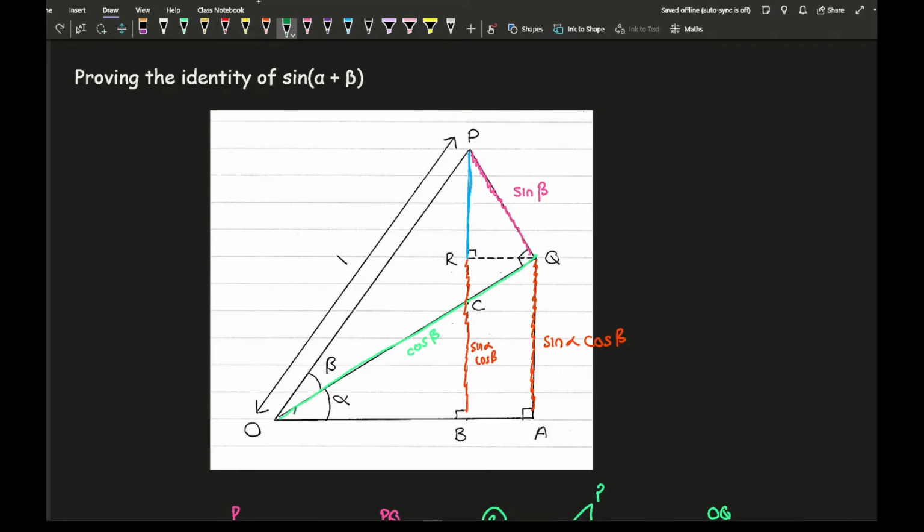So here, if this angle here is alpha, then, let's use proper notation, if angle QOA equals alpha, then angle QOA is going to be equal to the angle RQC.